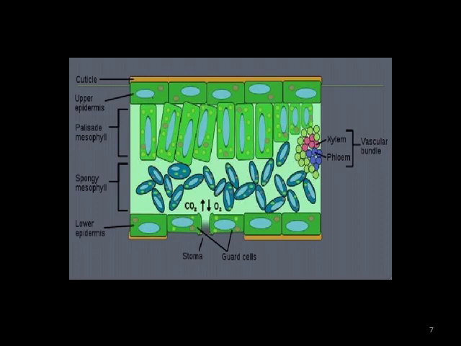Carbon dioxide enters through these stomata, while oxygen leaves through them. Here the xylem and phloem vascular bundles are also present, which are used for the transportation of water and food.